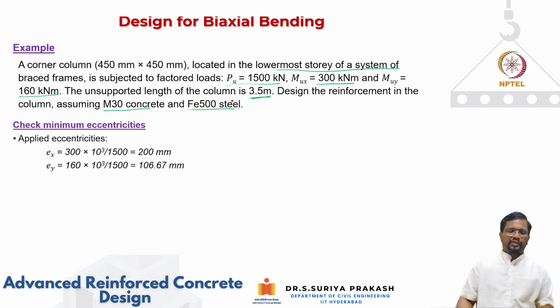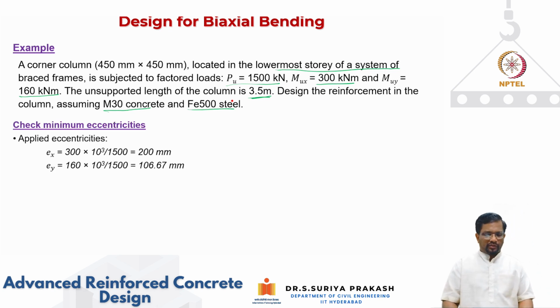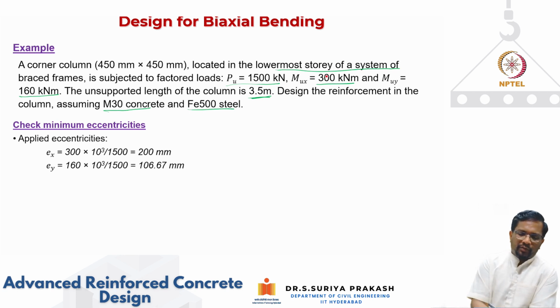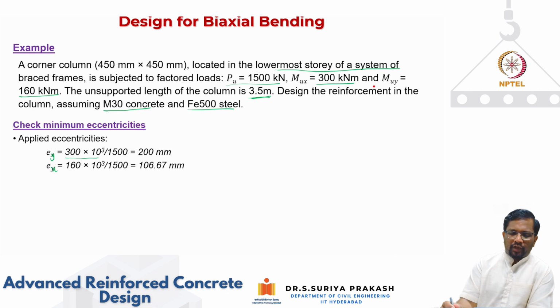First we need to check minimum eccentricities. Now what are the applied eccentricities? Moment divided by Pu. Ey will be the bending moment Mux divided by Pu, because again, we go back to our convention.